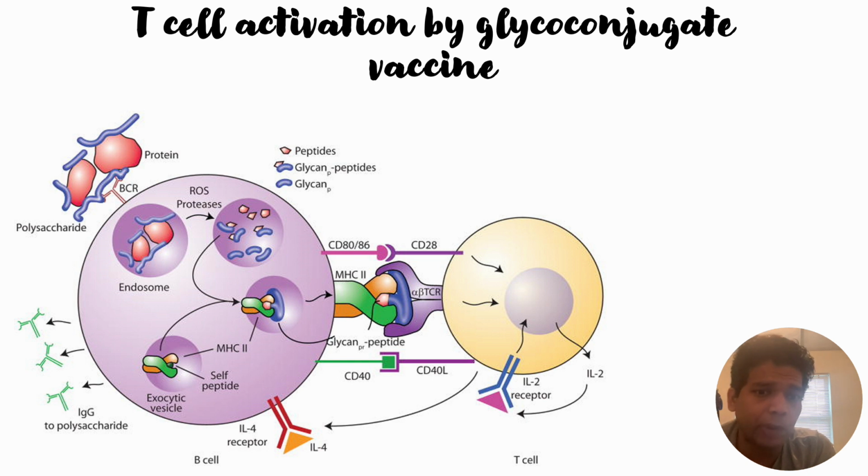However, when a polysaccharide is combined with a protein, it is known as a glycoprotein. This glycoprotein will be detected by the BCR, or B cell receptors, of the B cells.